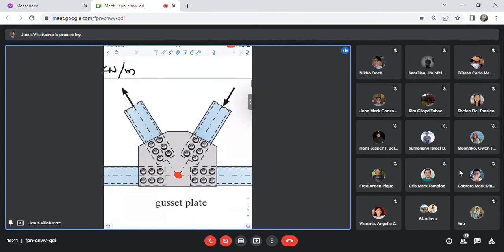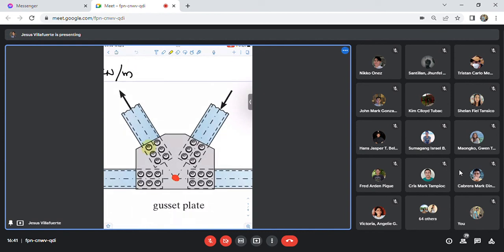This one, these six. Can you see them? Yes, sir. So these are the rivets, the ones connecting the members of the truss to each other.